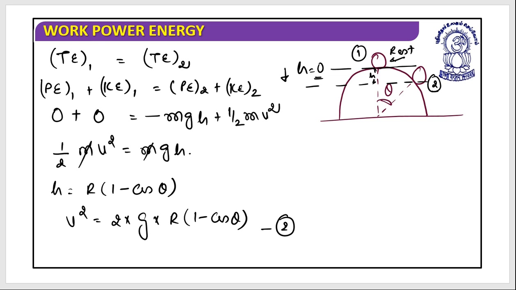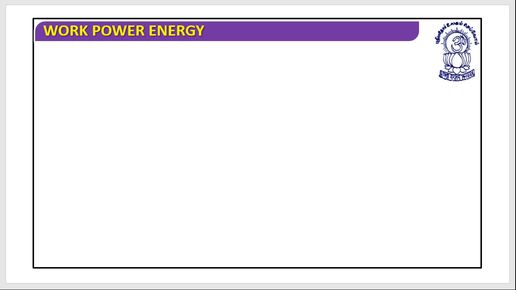So the initial relation was saying that v square is equal to rg cos theta. This was our first relation, and this is the second relation. Let's compare both the v square and see what happens. rg cos theta should be equal to 2 into g into r into bracket 1 minus cos theta.